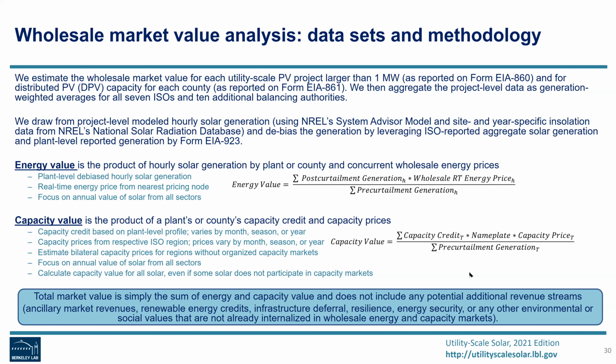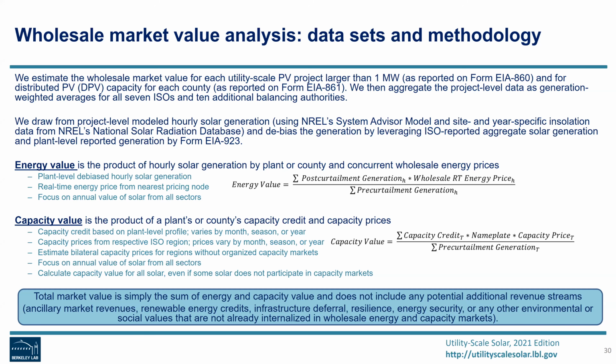Solar's total value, or total market value as we discuss it here today, is then simply the sum of its energy and capacity values, expressed on a pre-curtailment basis where curtailment data is available. We thus exclude from this presentation other potential revenue streams that an owner might be able to monetize.